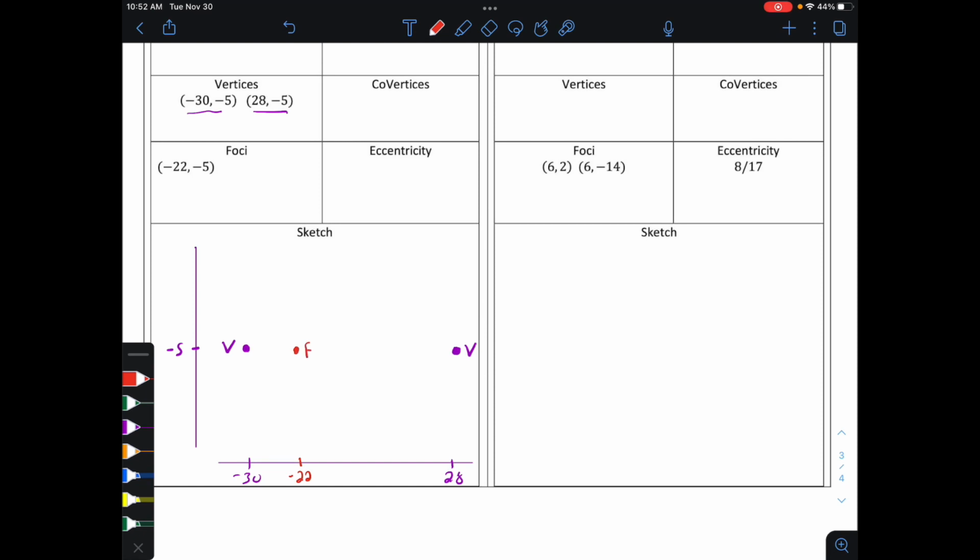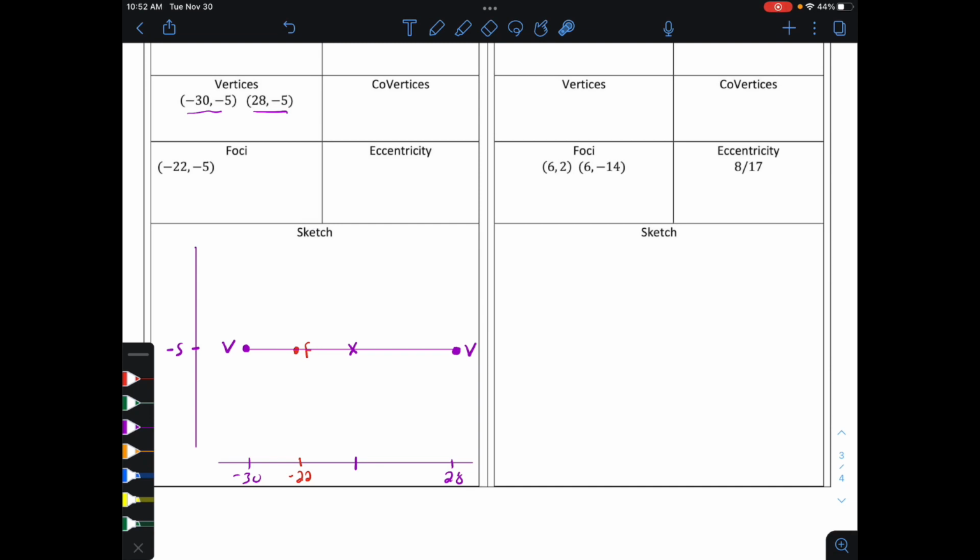All right, so what I can figure out first is that if I connected my 2 vertices together, right smack in the middle of them should be my center. So I need to figure out what my center is. Well, what you do is figure out the overall distance in between your 2 vertices. You can always do right minus left.